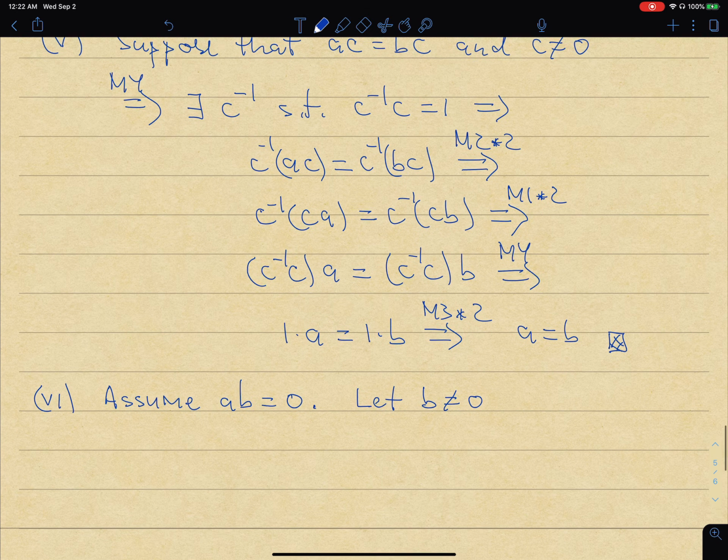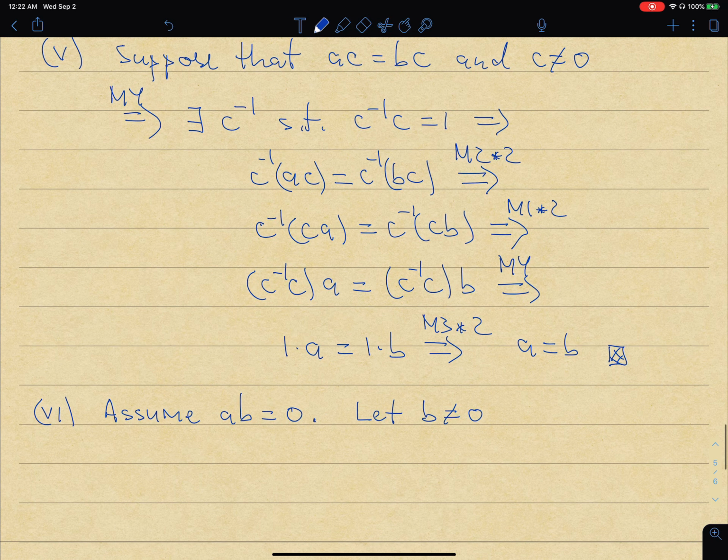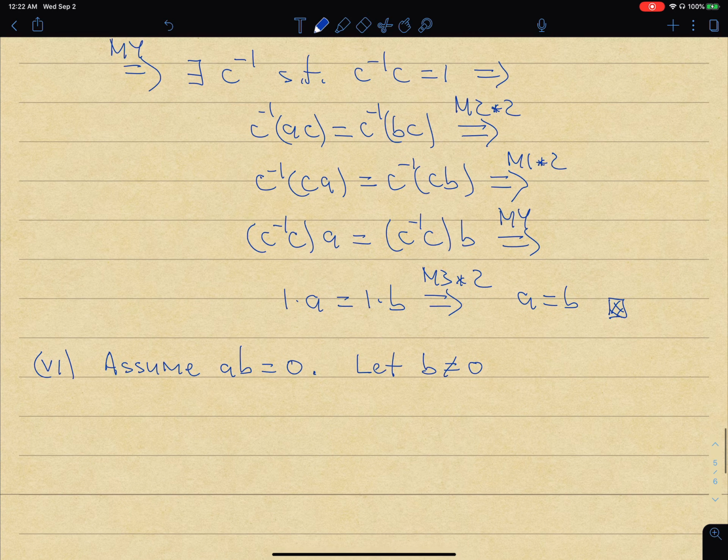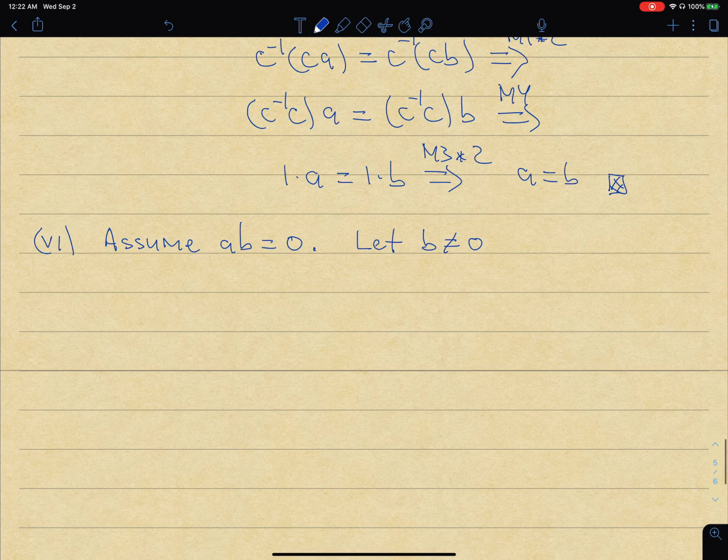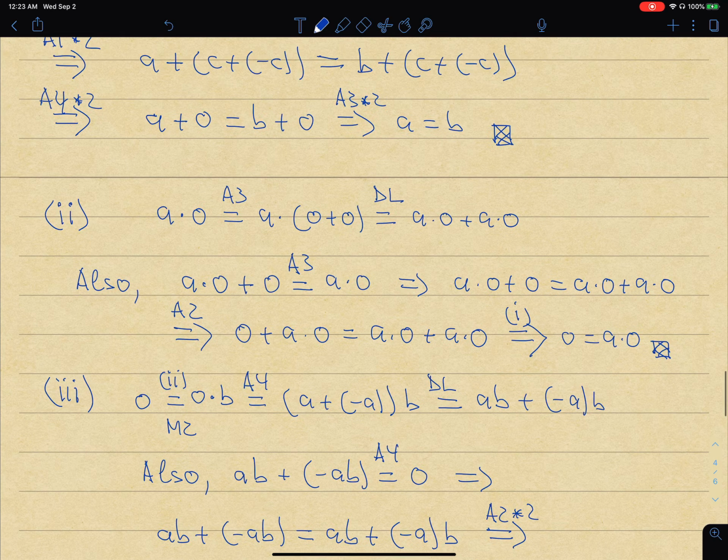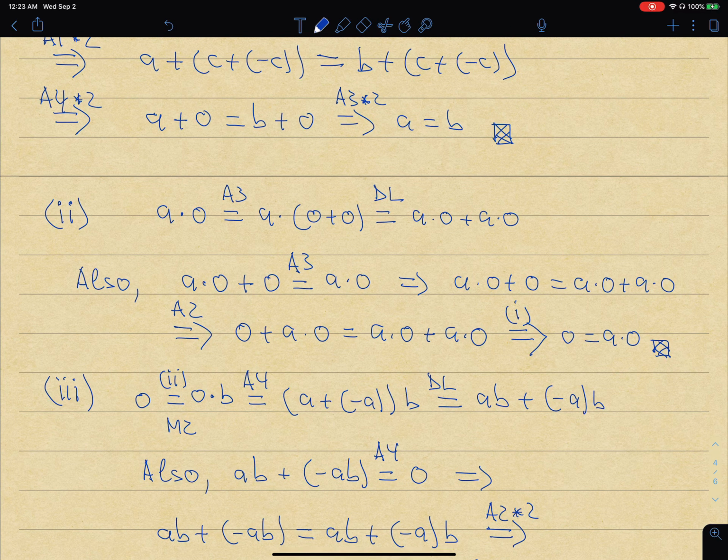let me see what would be the most optimal way of showing this. Actually, let's do it this way. So I'm assuming that B is not equal to 0. Then, if I multiply B by 0, I'm still going to get 0, right? No matter what B is. So that would be my property 2, right?